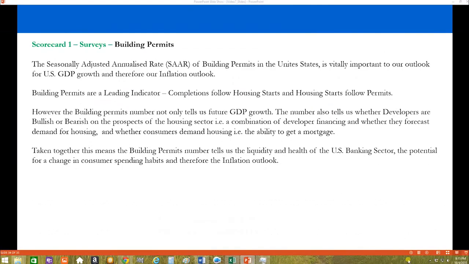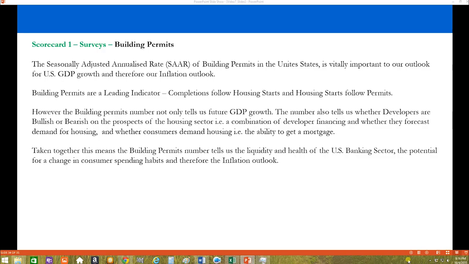Okay, so we've seen that building permits are a pretty useful leading indicator and leading driver of future GDP growth and potentially employment and inflation. And it's part of our endogenous analysis as a leading driver and within our surveys analysis.